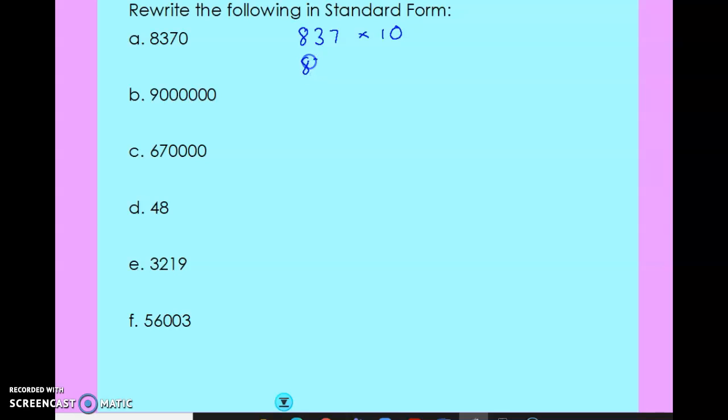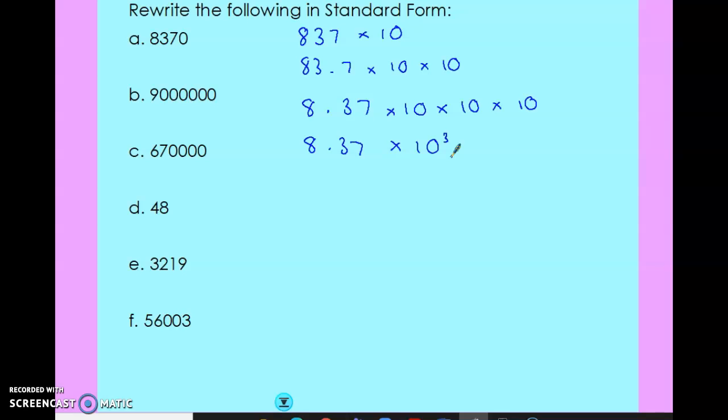If I take it down one more, I get 83.7 times 10 times 10. And down one more decimal place, I get 8.37 times 10 times 10 times 10. If I shorten that, times 10 times 10 times 10 is times 10 to the power of 3. Okay. The bottom one there, is it written in standard form?